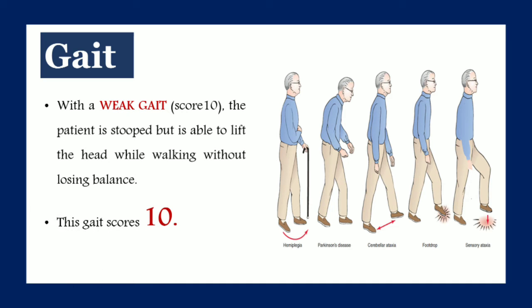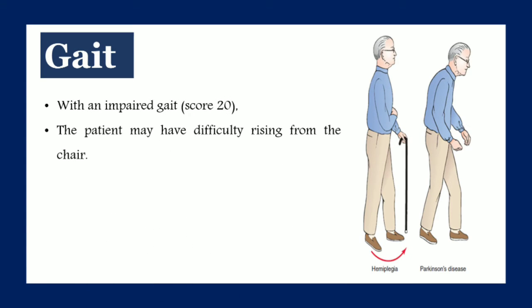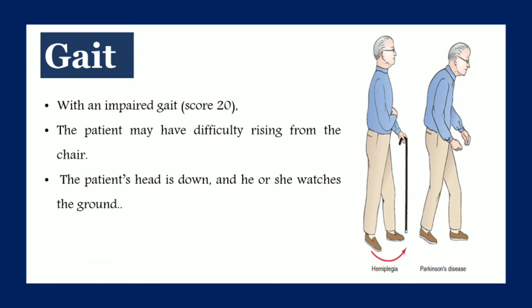So the gait score is 10. With an impaired gait, the patient may have difficulty rising from the chair. The patient's head is down and he or she watches the ground. He won't be able to stand still and straight. The gait score is 20.